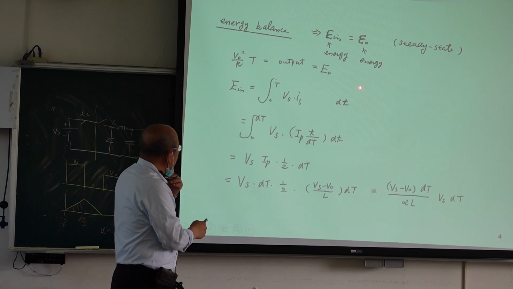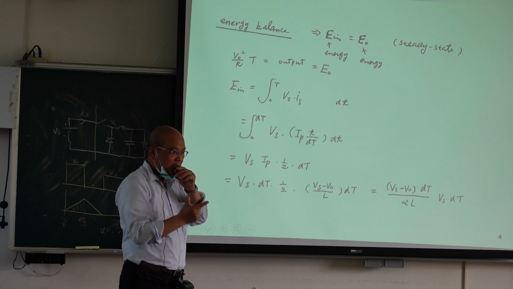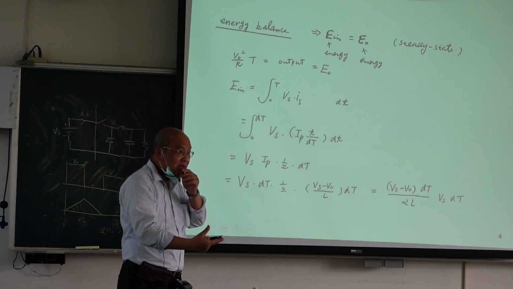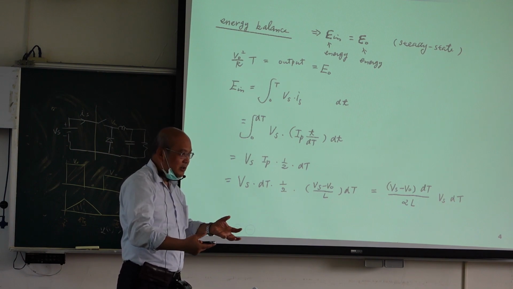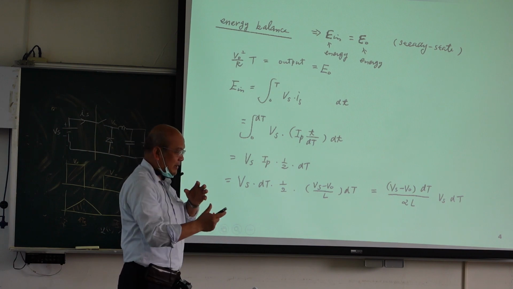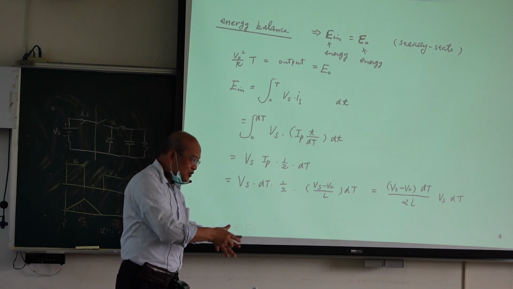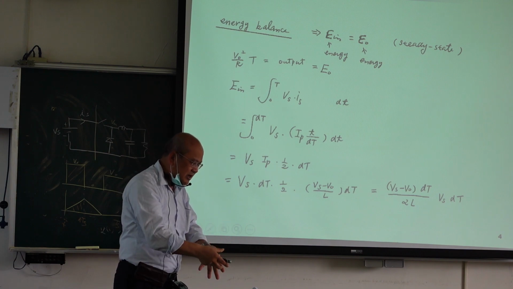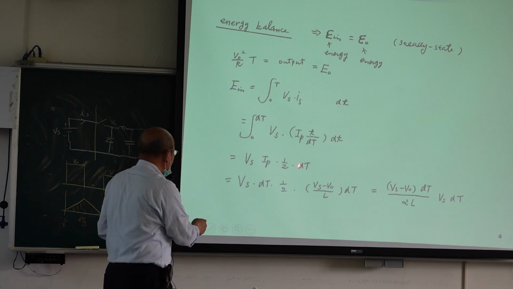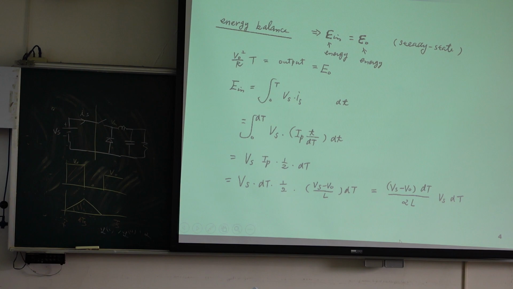So if you are the first person who developed this relationship, what can you get? A PhD, a patent, right? Because this is a new idea. I do not operate from the circuit, I operate from energy. Because energy should be balanced. Input energy should be equal to energy loss plus output energy for everything, right? So you can use this rule.